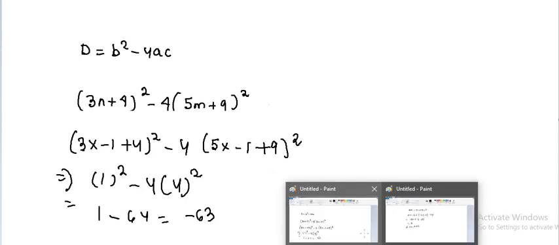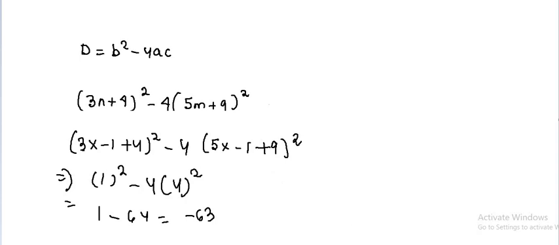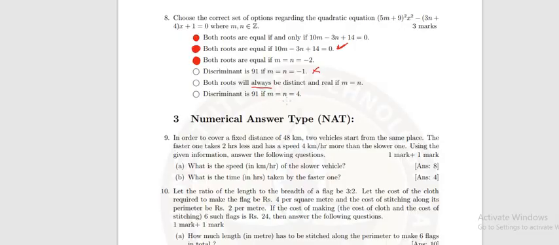So when m is equal to n, it's not possible always that the roots will be distinct and real. Hence, this option is also incorrect.